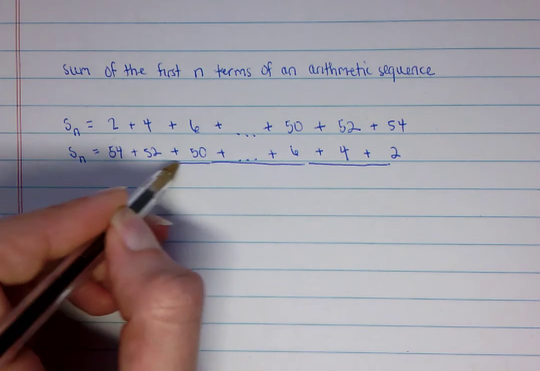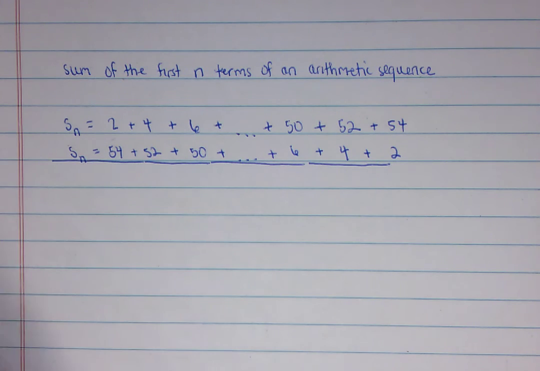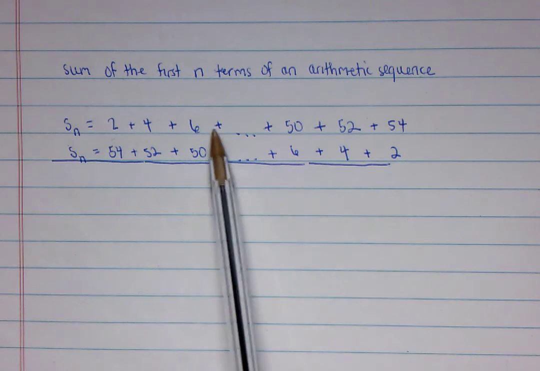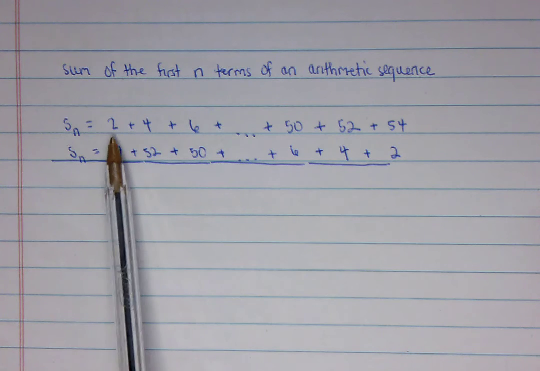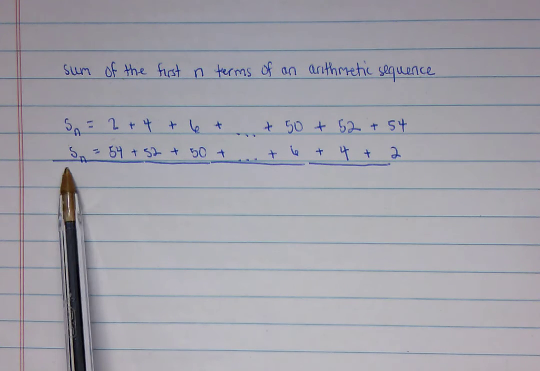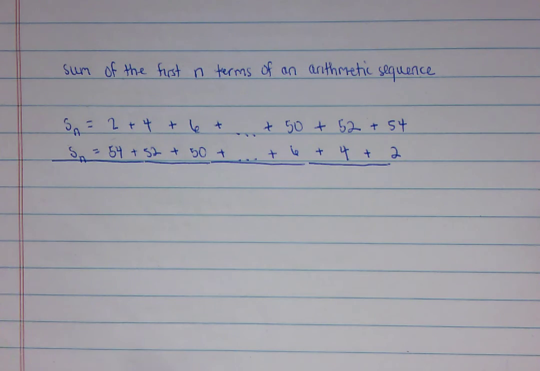And when we do that, we're going to find something really interesting. Right now, it's hard to find the sum when everything is changing. But when we add these two rows, we get the same number every time.